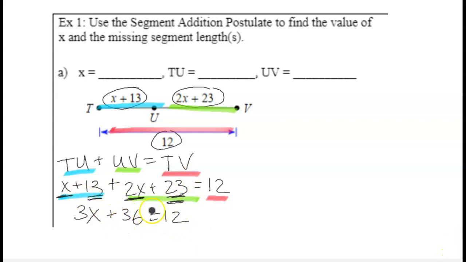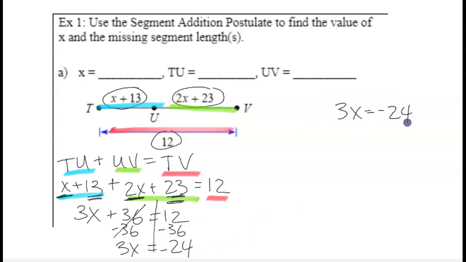I'm going to continue solving here, subtracting 36 from each side. And here I get negative 24. And then finally, I'm going to rewrite what I have here still. Finally, I will divide by 3. And I get x equals negative 8.